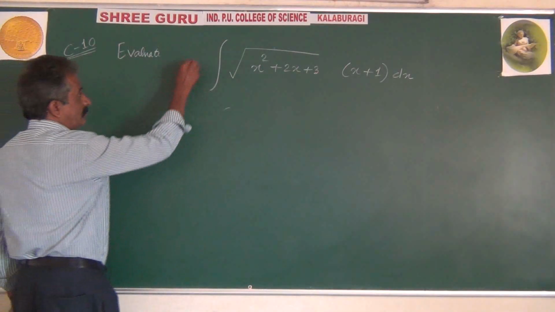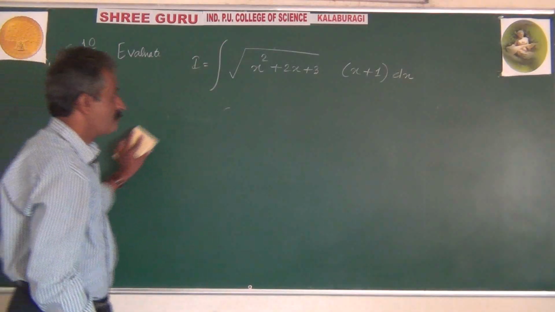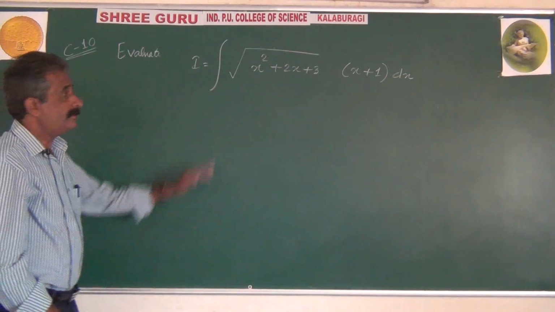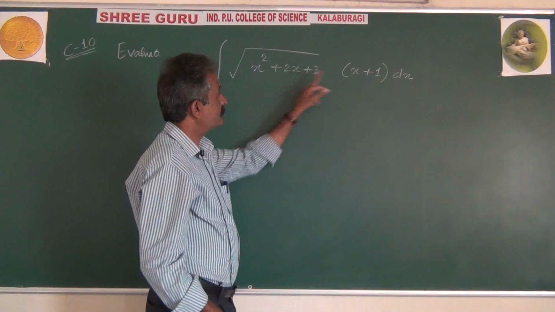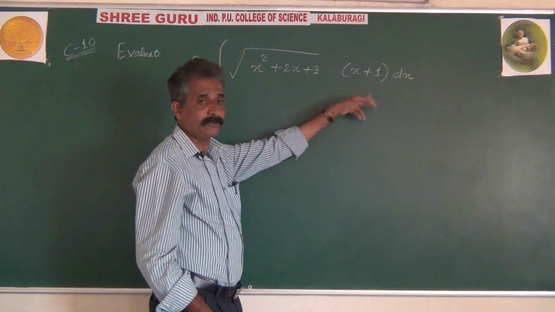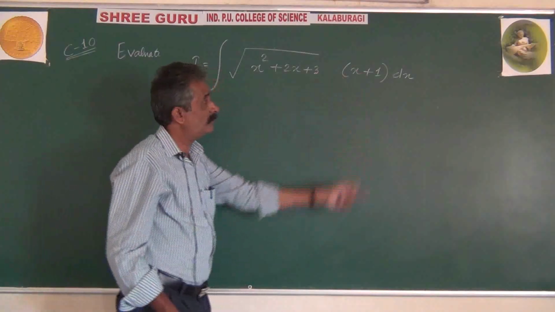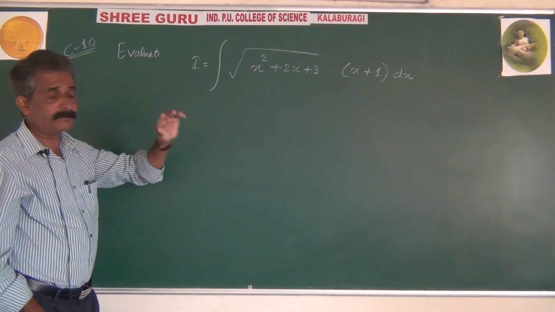Let I equal the given integration problem. Observe the differentiation of x square is 2x, differentiation of 2x is 2, differentiation of 3 is 0, left out. That means here you will get 2x plus 2. It's possible, after all 2 common, that becomes x plus 1.